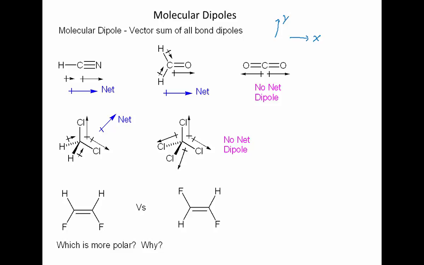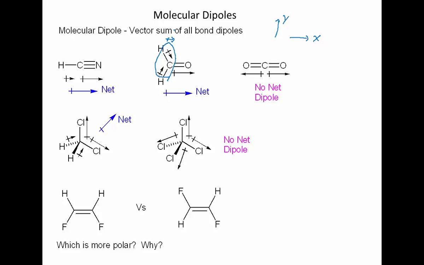What we see here is that the dipole moment in the y direction cancels out in formaldehyde, right? So these two basically cancel each other out in the y direction, but there's a slight net vector to the right, and thus the net dipole moment is toward oxygen.